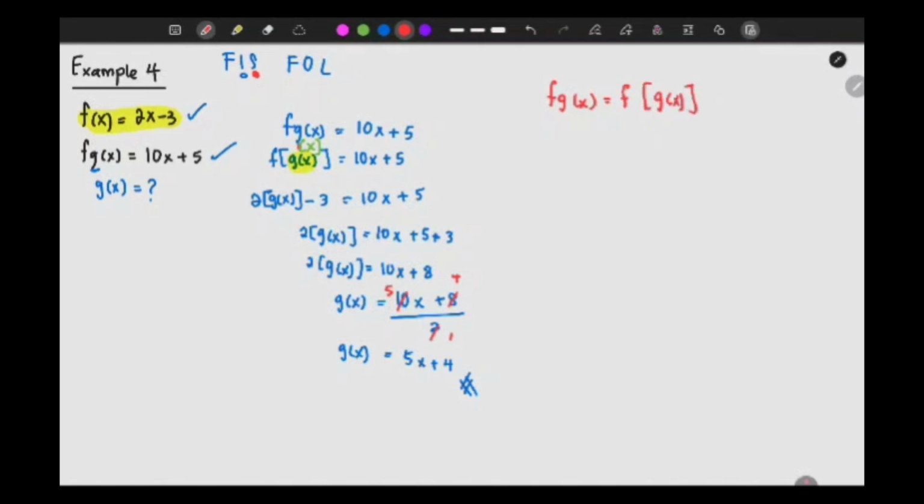So let's find. 5x plus 4. And I just told you whatever inside the bracket, it's like x. f(x), what's your f(x)? It is 2x minus 3. But your x is no longer x, it is actually 5x plus 4. So replace your x with 5x plus 4.